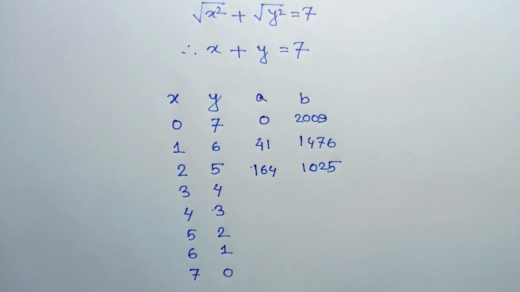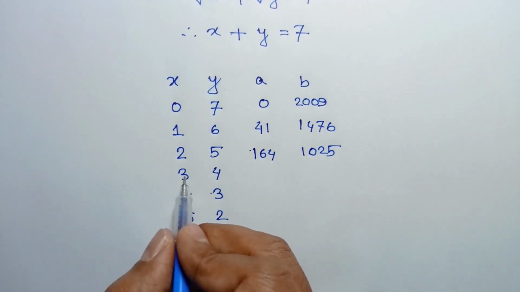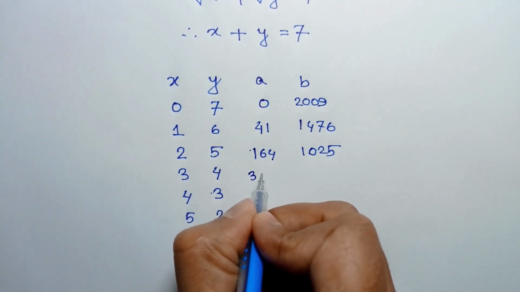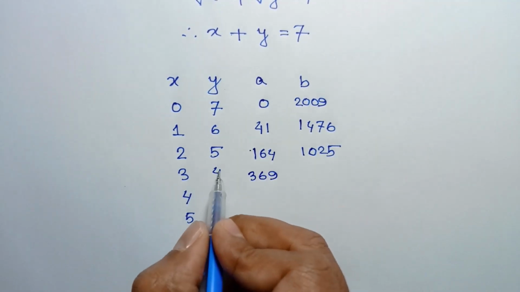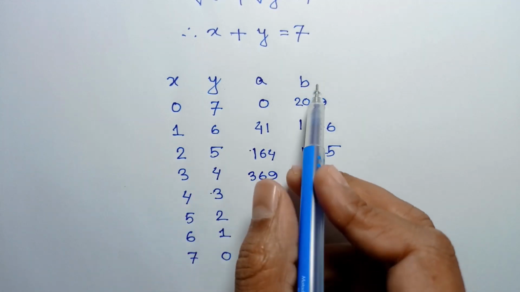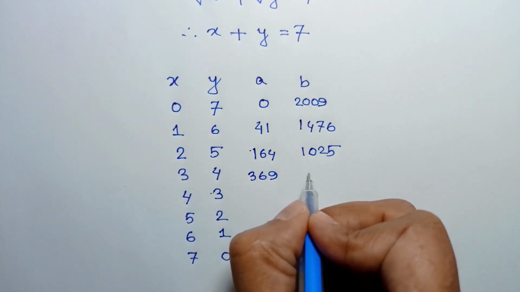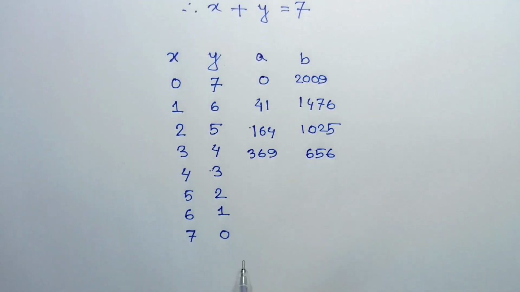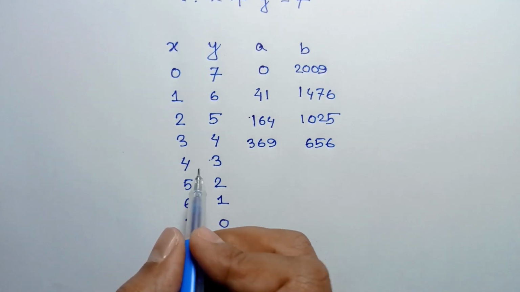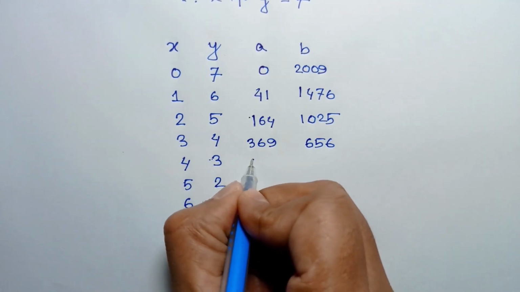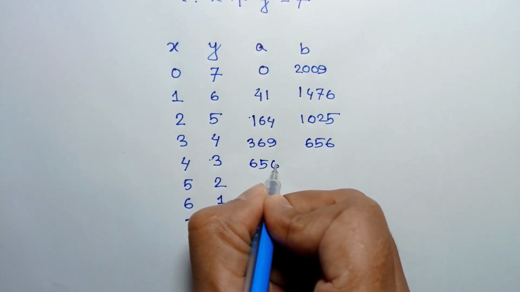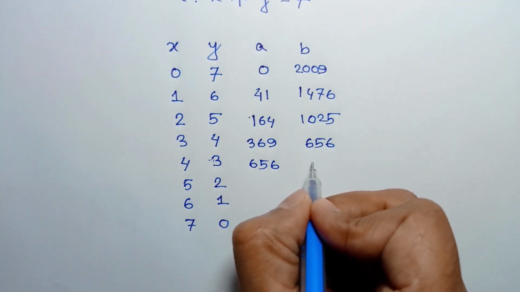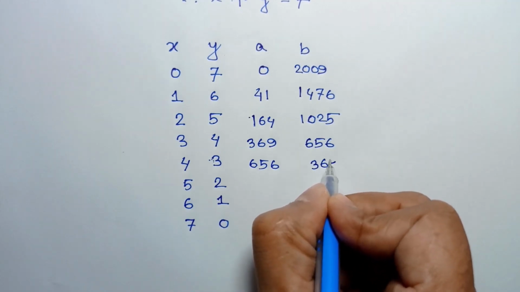When x is equal to 3, then a will be 369. For y is equal to 4, the value of b will be 656, and for x is equal to 4, the value of a will be 656, and for y is equal to 3, the value of b will be 369.